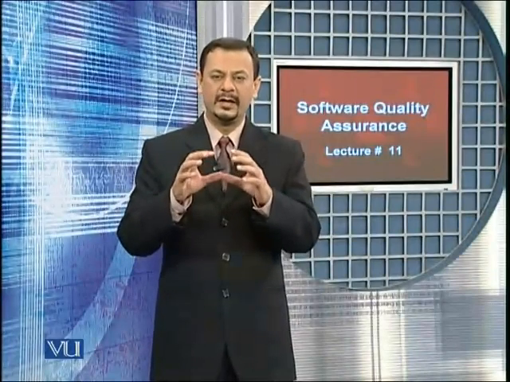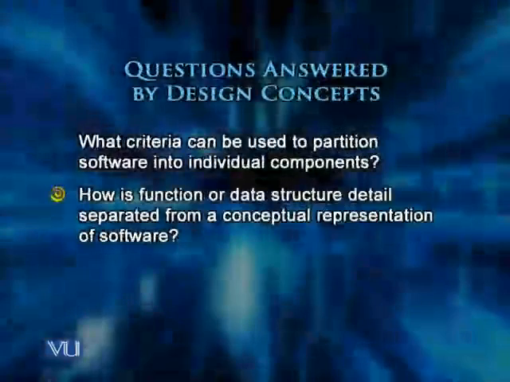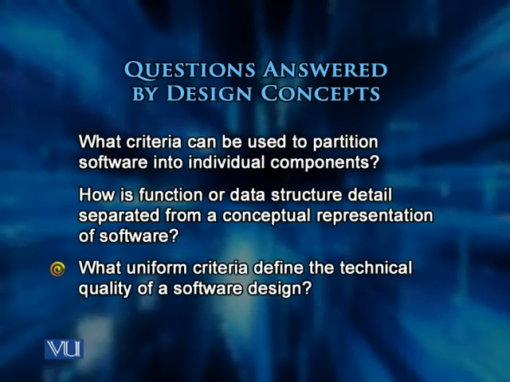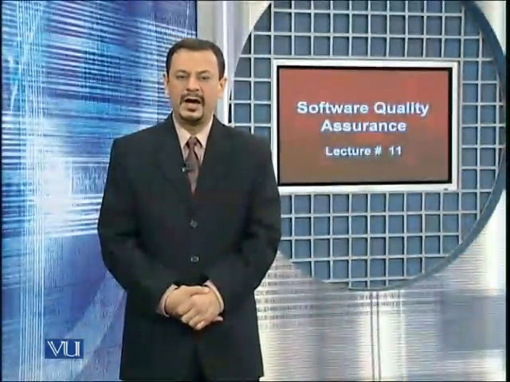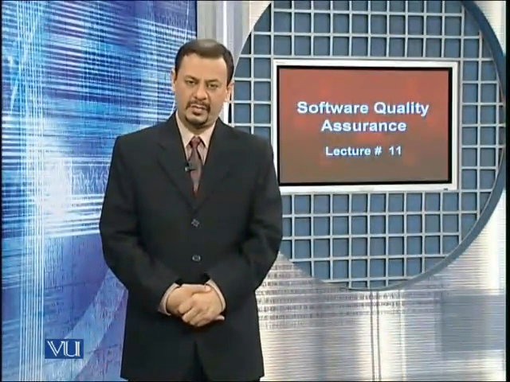How would we divide software into different components? How is function or data structure detail separated from conceptual representation of software? And thirdly, what uniform criteria define the technical quality of software design? These are the 3 questions which will be answered by the design concepts.